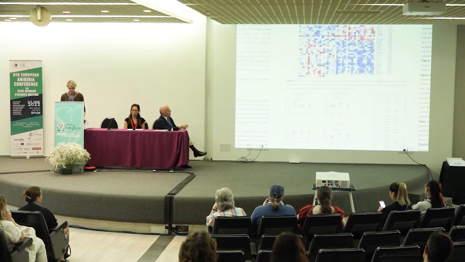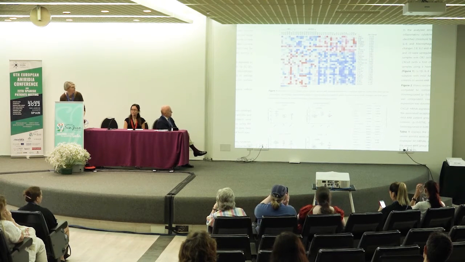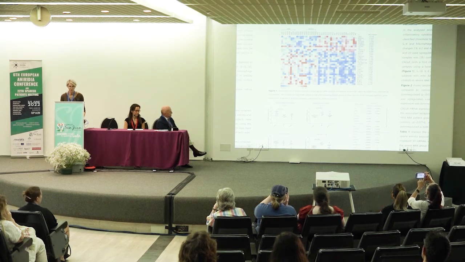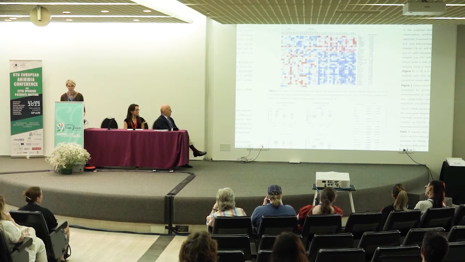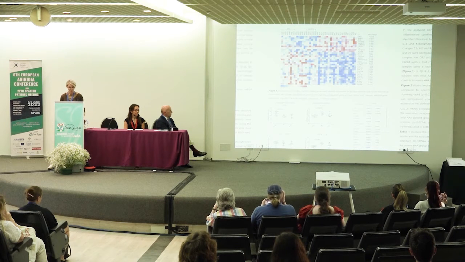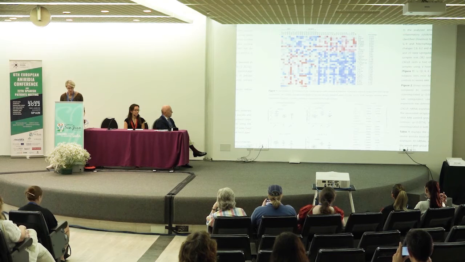In the upper layer you can see the different expressions: the blue ones are the aniridia patients, the red ones are the control samples. The upper ones are downregulated mRNA expressions, and the lower ones are upregulated expressions of different genes related to inflammation.